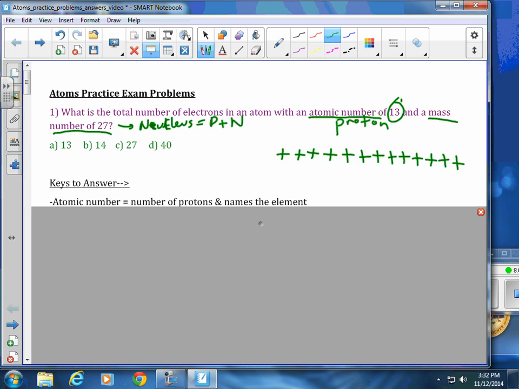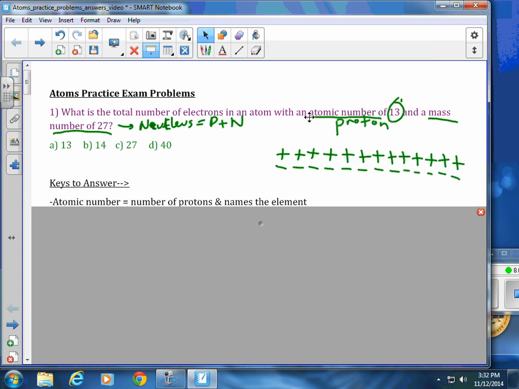And so those are my 13 positive charges. Now I'm making a neutral atom. It's not an ion, it's not positively or negatively charged, so I need the same number of positives in my atom as I have negatives, and electrons are my negatives. So I need to balance all my positive charges with my negative electrons.